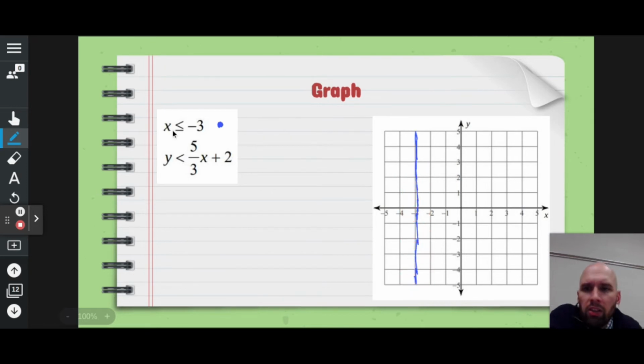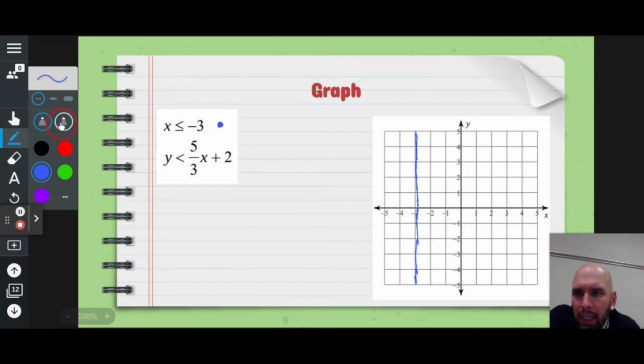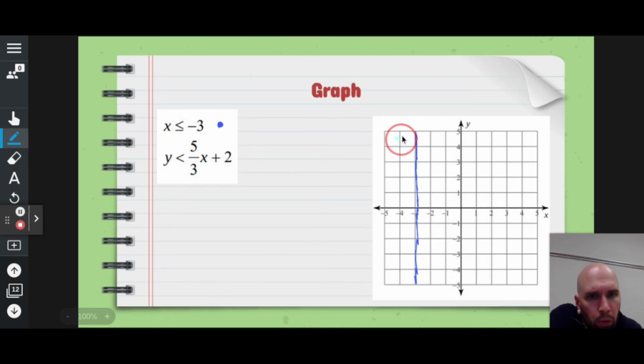Now, it's less than or equal to, so when I shade, I'm going to shade everything to the left of it. Let me choose blue. I'll do blue on blue. So I'm shading everything to the left of it.